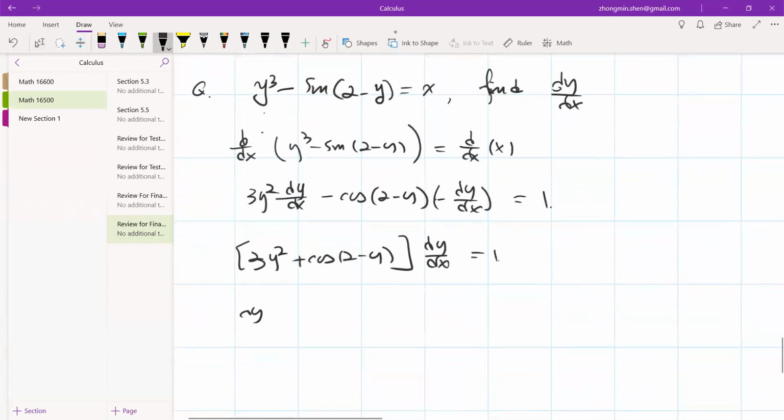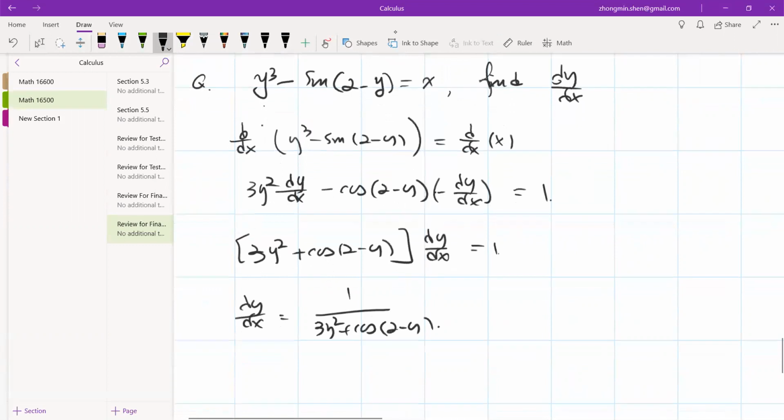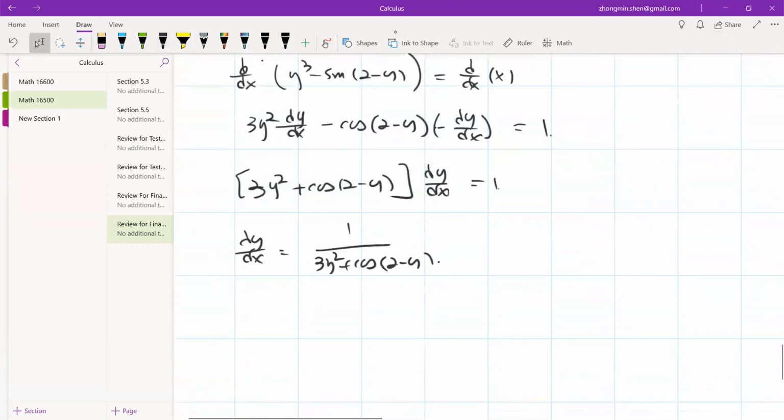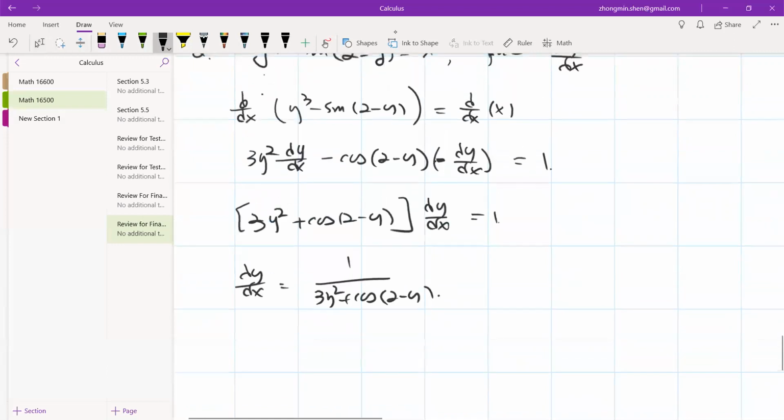All right, so then dy over dx. Let's find out from negative and positive. I have a negative sign here. There are two negative signs. It becomes positive.